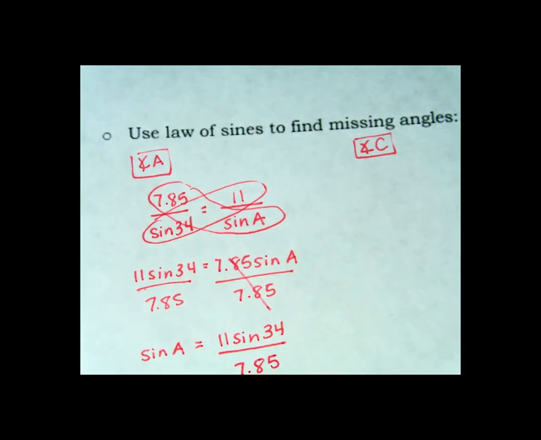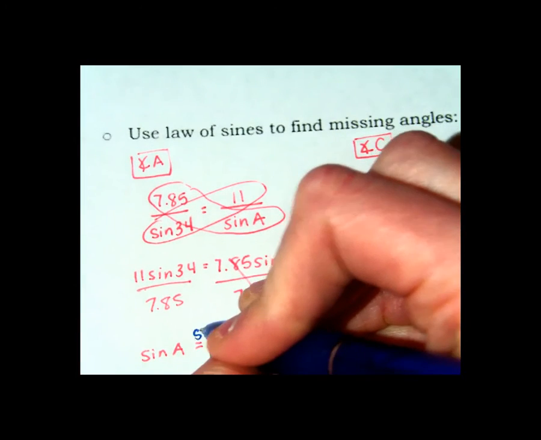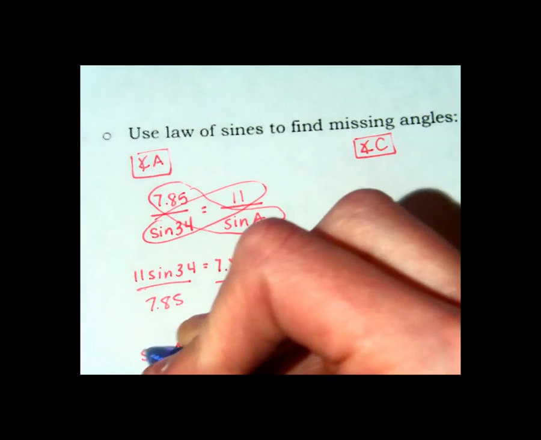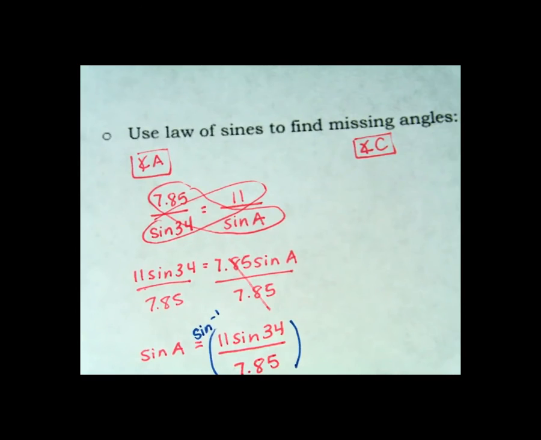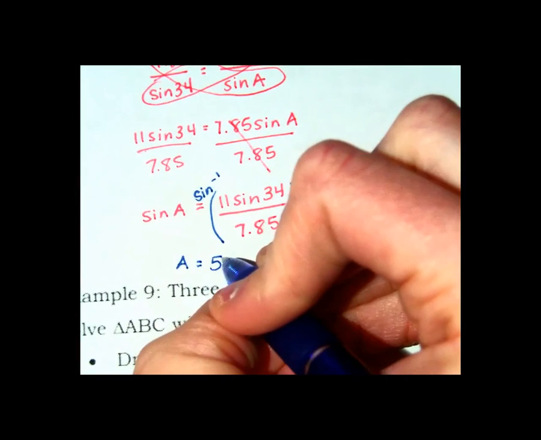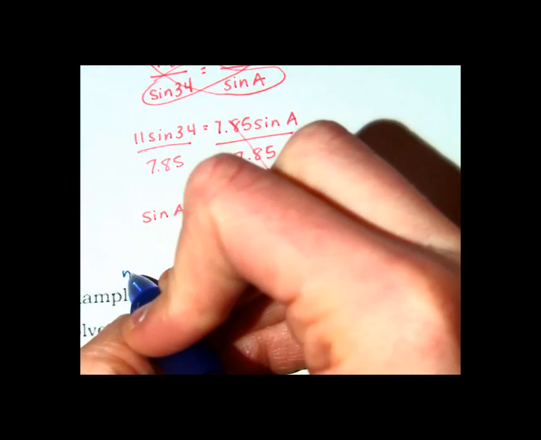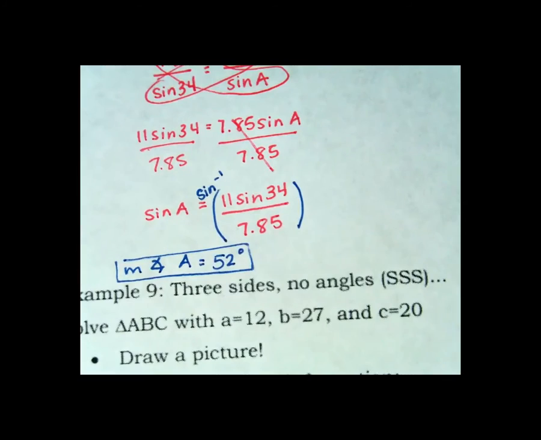What do you do now? Inverse sine. Sine inverse. So A equals 52. And remember I said round those to the nearest degree. So that's good, 52.